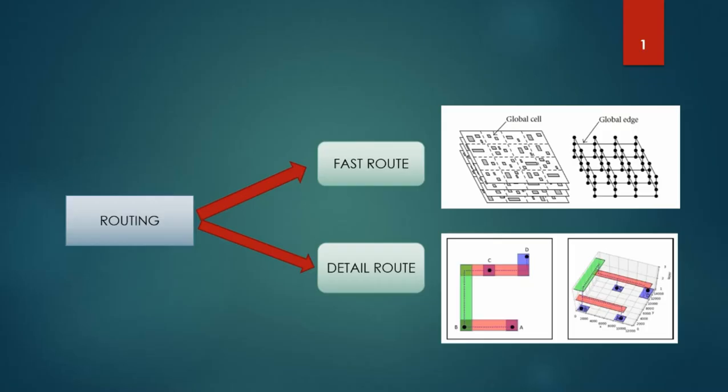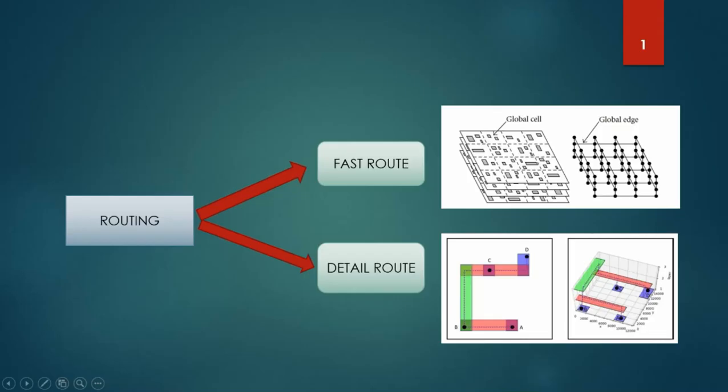First is the fast route, and second is the detailed route. In the fast route, or global route, the routing region is divided into rectangular grid cells and represented as a coarse 3D routing graph. Fast route is the engine which is used for global route.